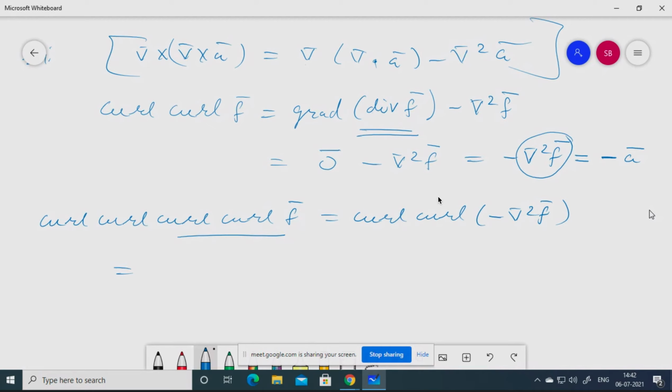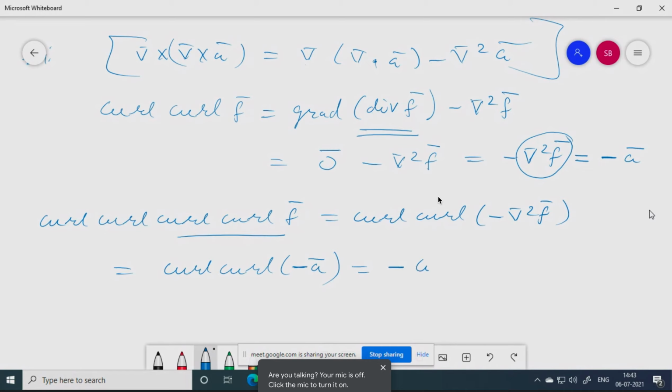So instead of writing this thing every time, since it is a vector, I will write just minus a bar. So this will be curl of minus a bar. Since minus is a constant, I can write it outside: minus curl of a bar.